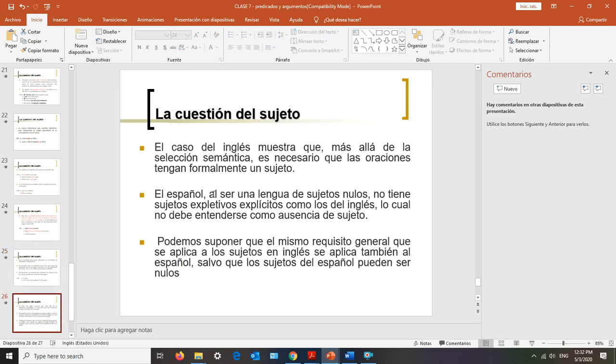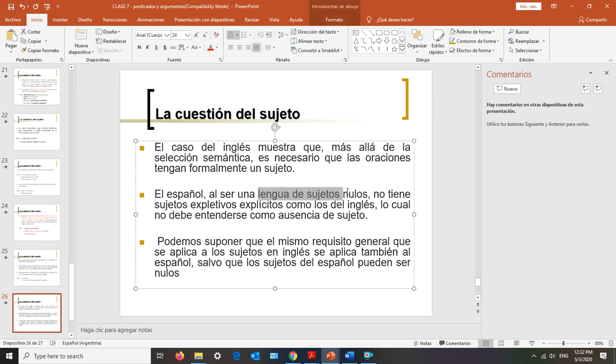In Spanish, since it is a lengua de sujetos nulos, there are no explicit expletive subjects as in English, which does not mean that it ought to be understood as an absence of a subject altogether. Because the same general prerequisite that applies to English, that all sentences must have a subject, be it an argument or not, applies to Spanish, right?